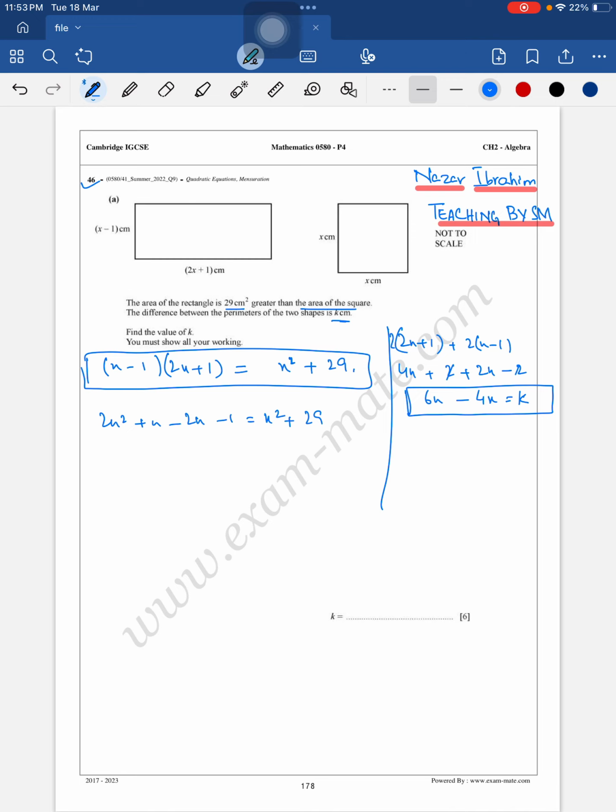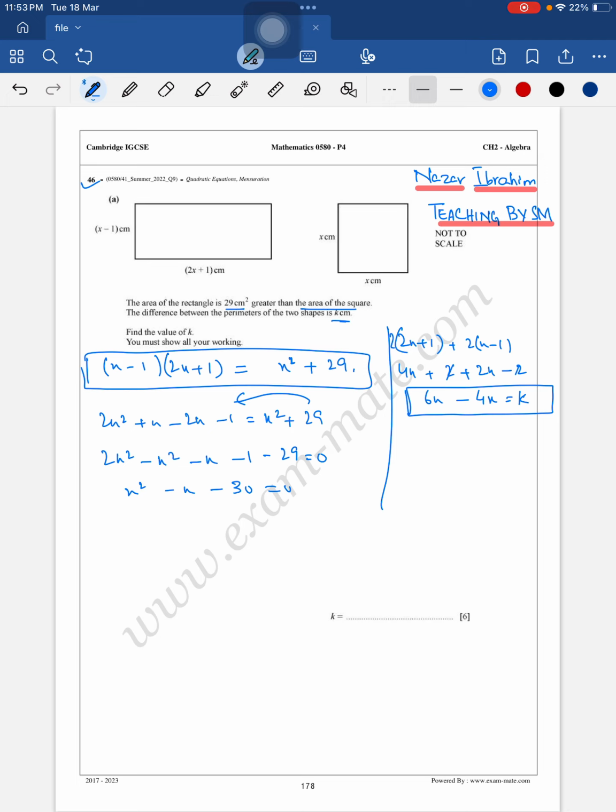Now 2x square minus x square, x minus 2x is minus x, minus 1, 29 goes over here, so that will be minus 29 is equal to 0. Clear? So 2x square minus x square is x square minus x and minus 30 is equal to 0.